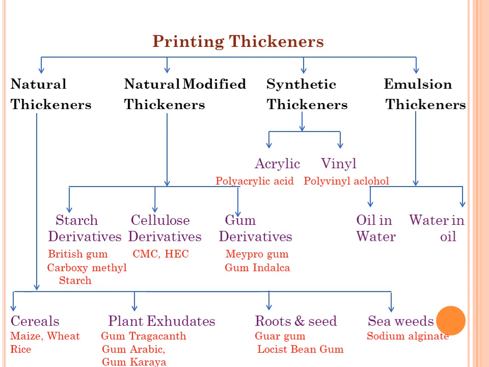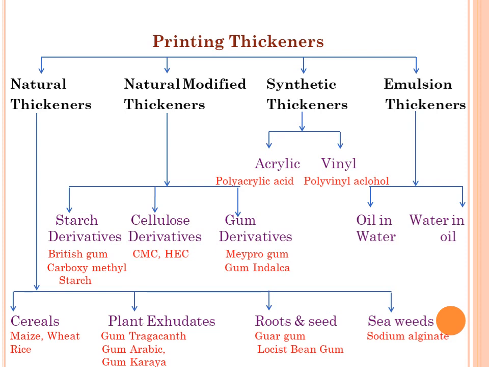British gum is obtained by oxidation of the starches. Then carboxymethylated starch. Either by etherification or esterification, we can get such type of derivatives. In case of cellulose also we have carboxymethyl cellulose and hydroxyethylated cellulose.